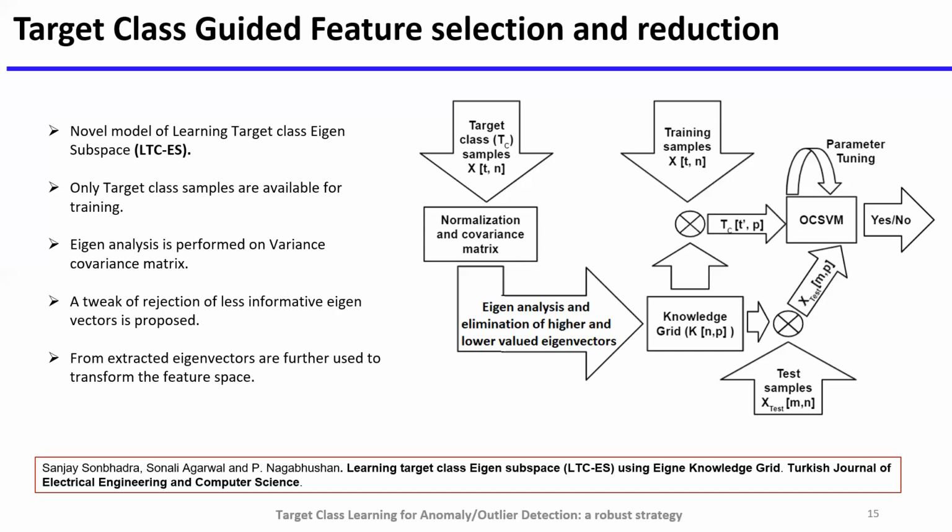And it has been observed that results were very promising if we were able to identify those important eigenvectors. So that phenomenon is known as learning target class eigen subspace.